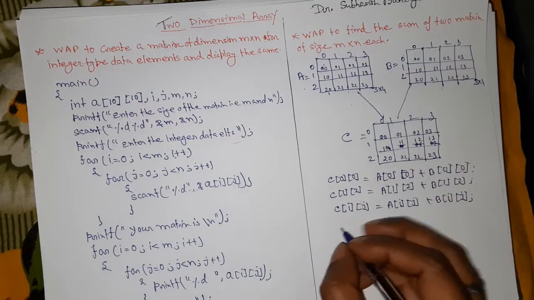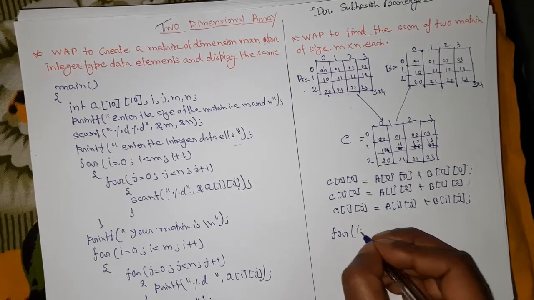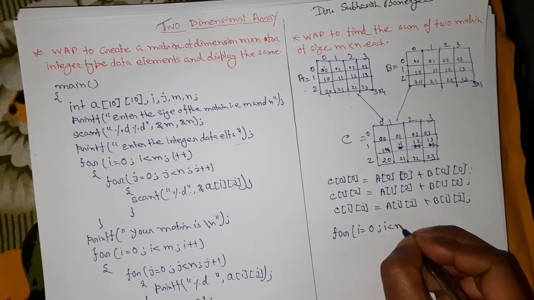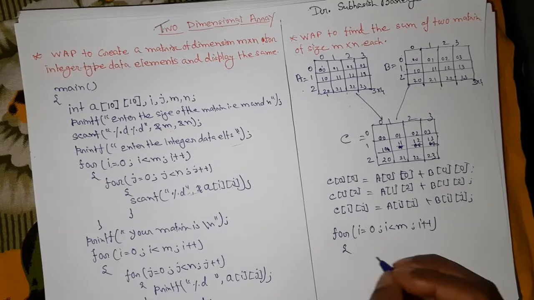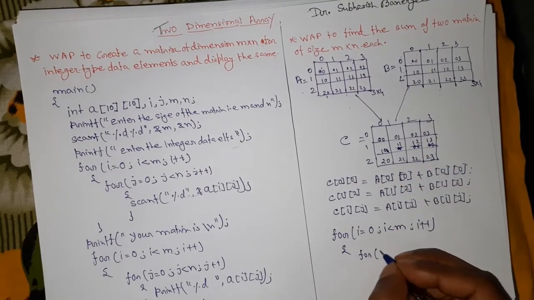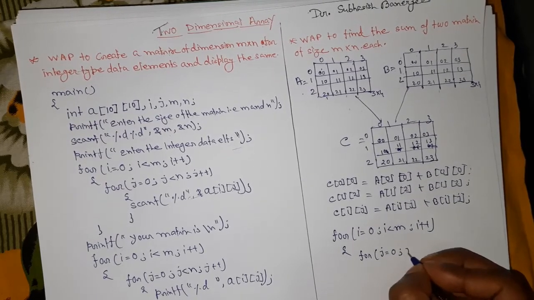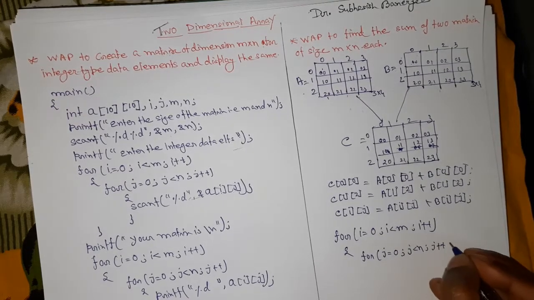For the resultant matrix C, we can also use two loops, that is for i starting from 0, i less than m, and i plus plus. And for every row there are that many columns, so j equals 0, j up to a maximum of n columns, and j plus plus.